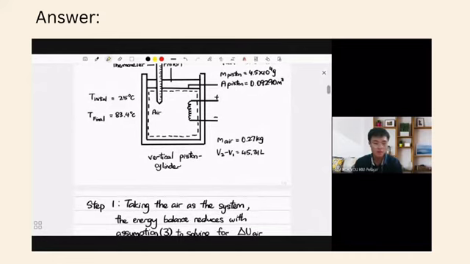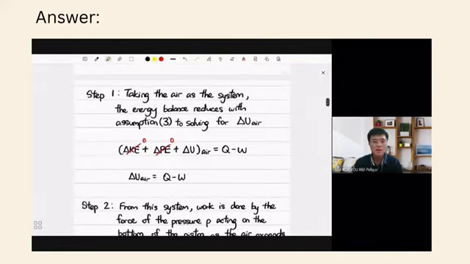For step 1, taking the air as the system, the energy balance reduces with assumption 3 to solving for the change in internal energy of the air, which is delta U air.